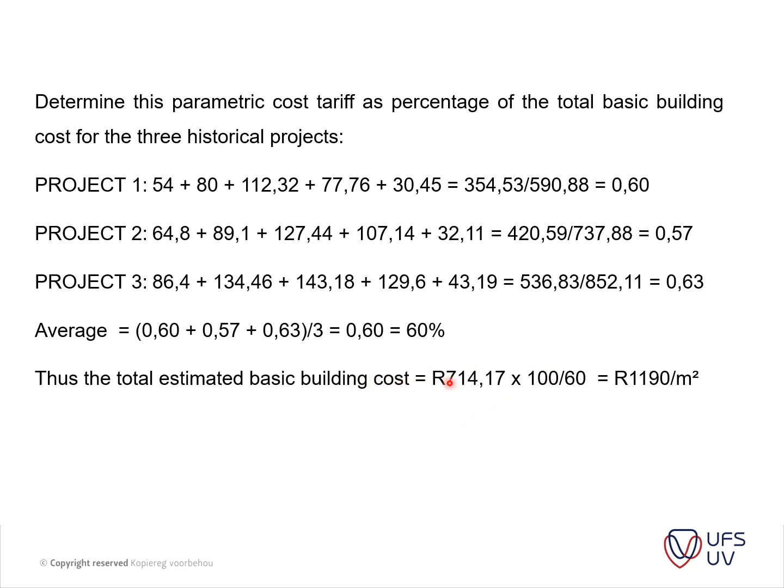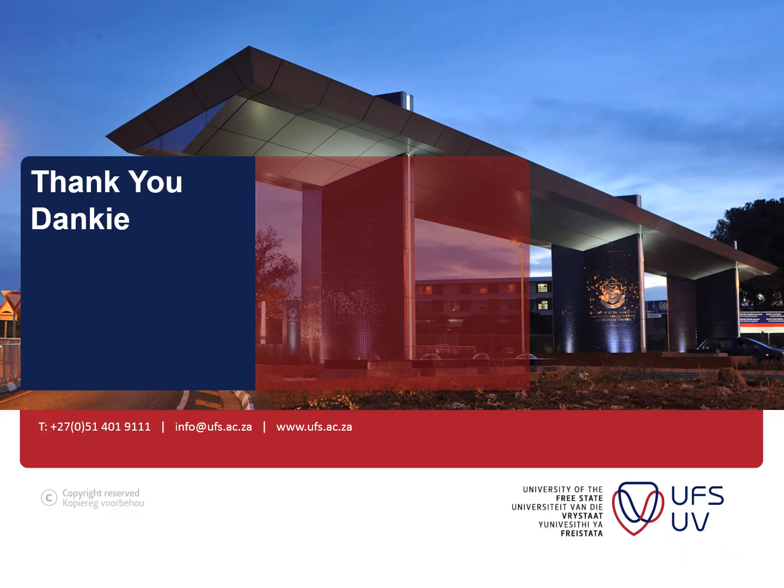You then extrapolate the square meter rate that you already calculated to derive your final basic rate per square meter. Okay, so you can see this is still just the basic one. You still need to add all of your additional costs to it.